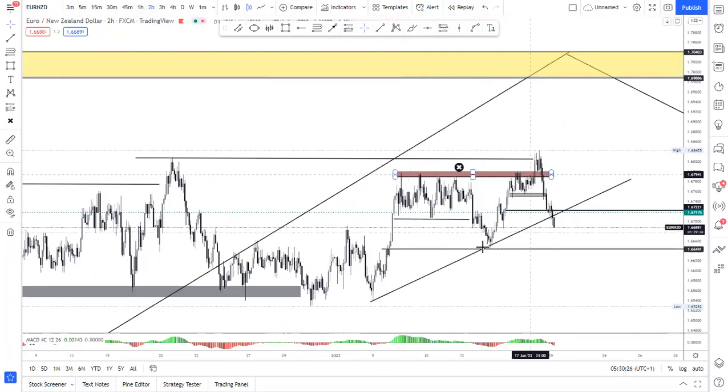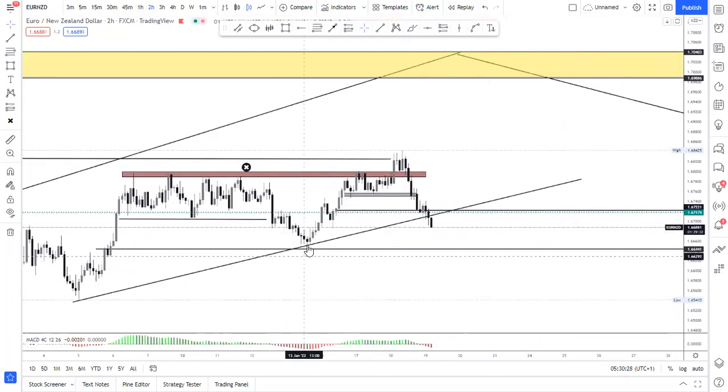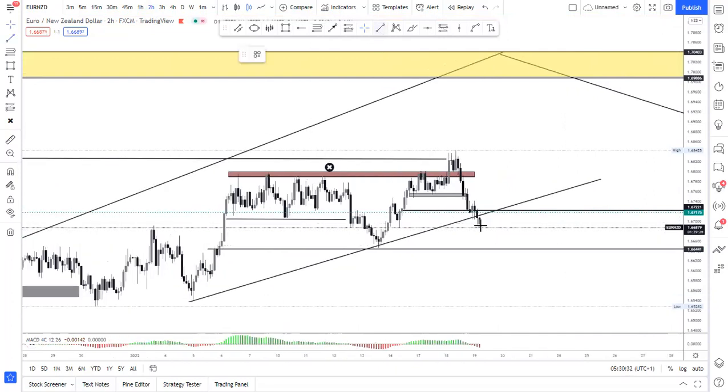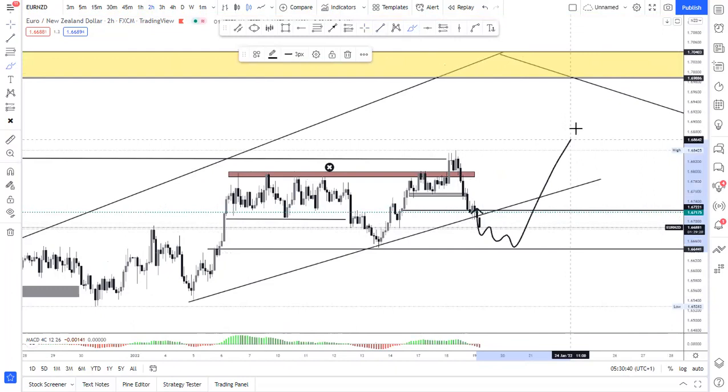And on this move right here, we didn't get a clear mitigation. We only came very close. So price might be looking to just come back here before we get that move.